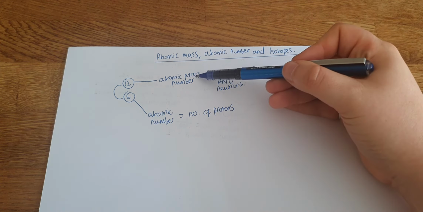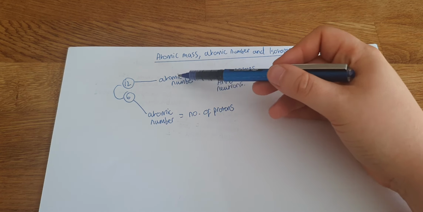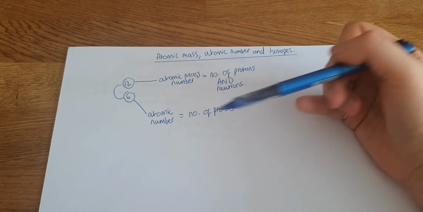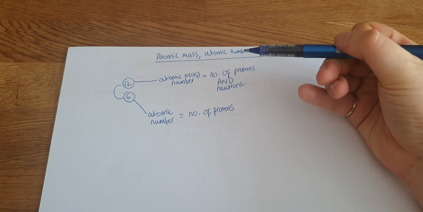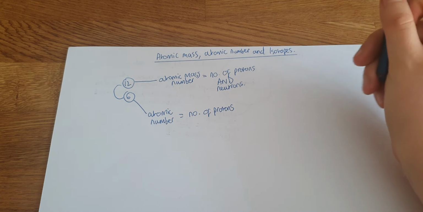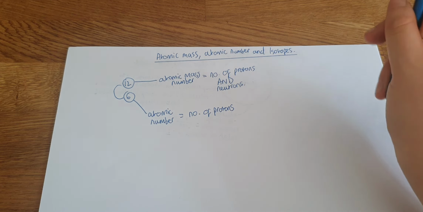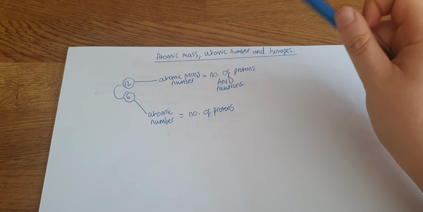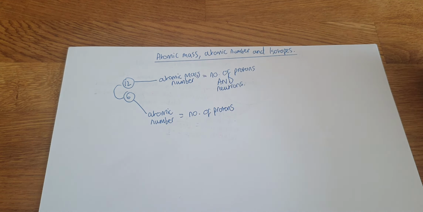I know these words are quite similar. It's always atomic number in there, but this one has atomic mass number. The only way I can think to help you remember which way round it is that when we're talking about mass, we're talking about how much mass is there in the nucleus altogether. And if you were going to do that, you wouldn't just add up the number of protons, would you?